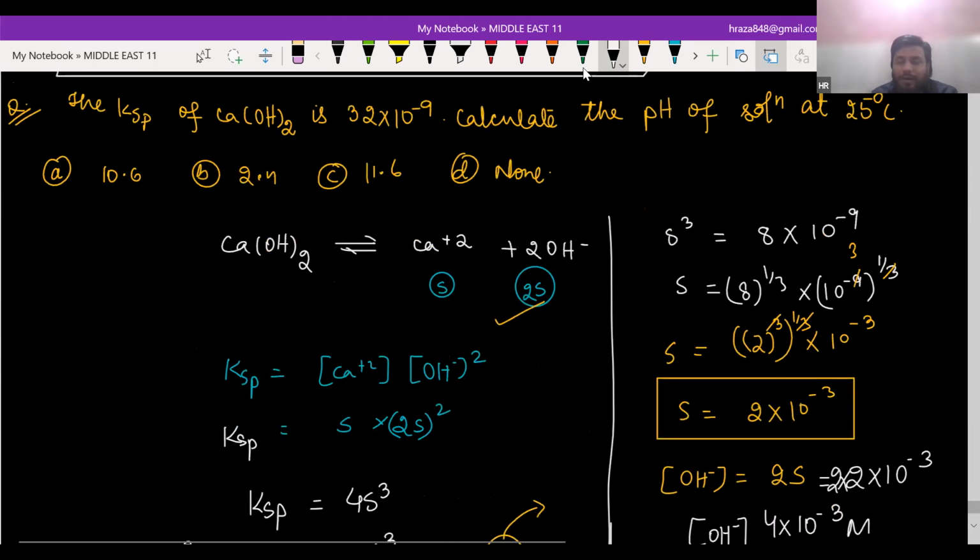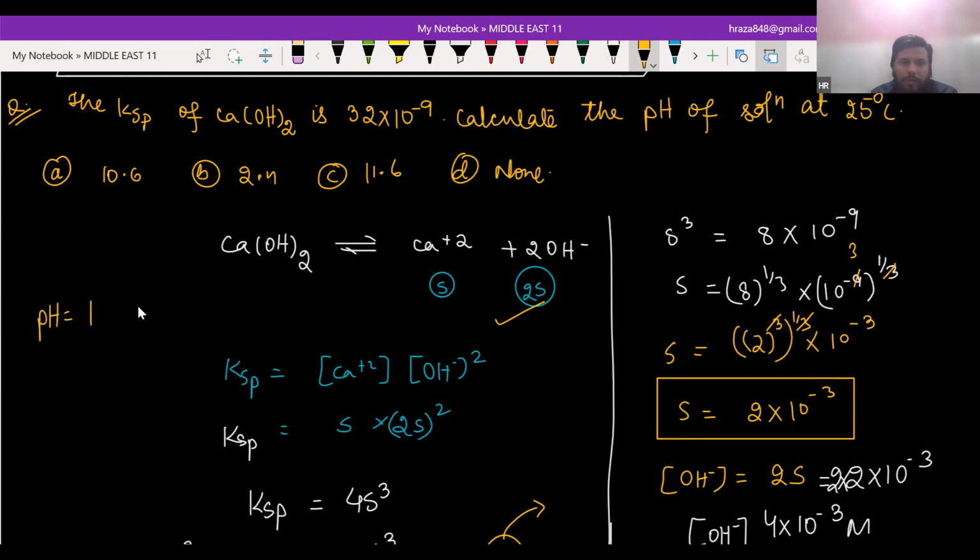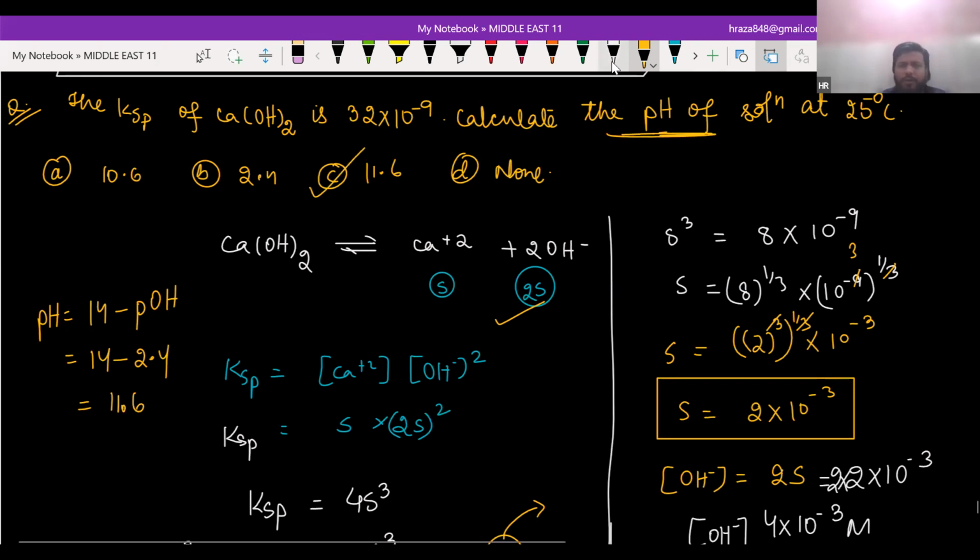It's not 2.47. pH will be equal to 14 minus pOH, which is 2.4, so it will be 11.6. So the option is C, correct, because according to the question it was asking pH, not pOH.